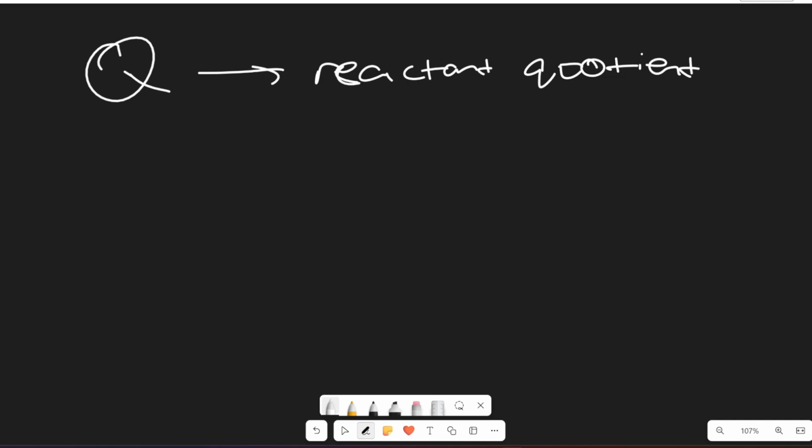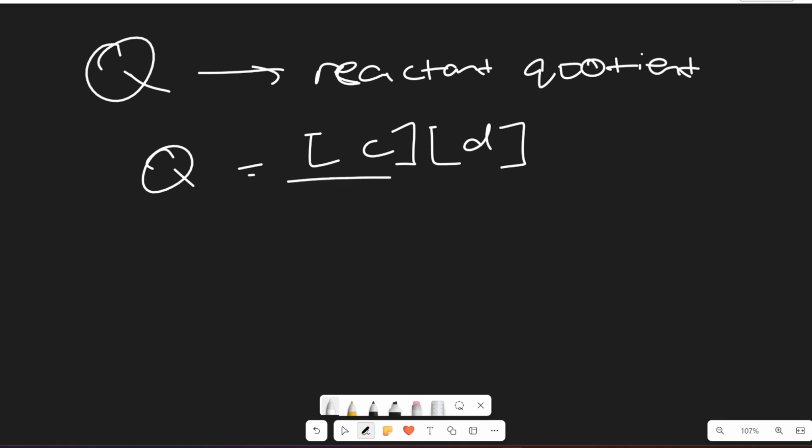And essentially we calculate it in the same way, where Q would be equal to, if we're just using the reaction from above, concentration of C times concentration of D over concentration of A times concentration of B. So it's essentially the same sort of calculation, but in this case we are not at equilibrium, so we're using Q when we're not at equilibrium.